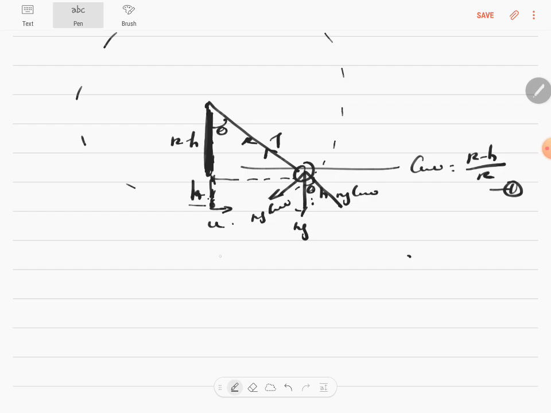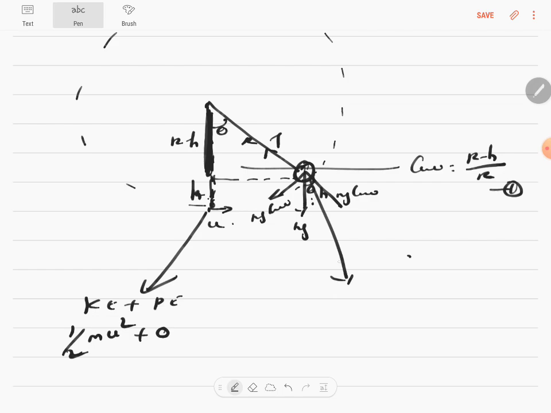The ball reaches this point at any instant of time. At the lowermost point, the total energy is kinetic energy plus potential energy. The kinetic energy at the lowermost point will be maximum, which is half mu square, where u is the initial velocity, plus potential energy 0.